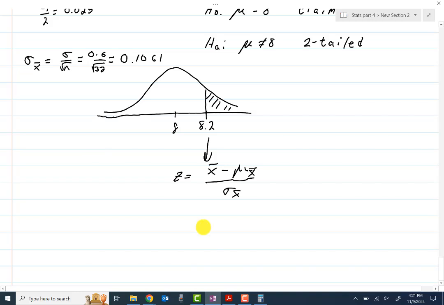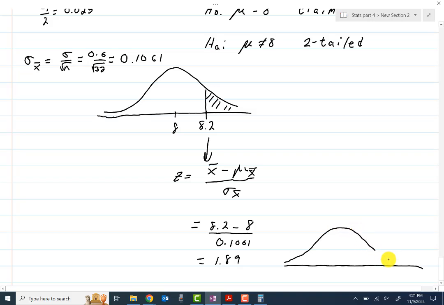Let me get the z value here. So my x bar, 8.2 minus 8, divided by 0.1061. We get 1.89. Check out that p-value.